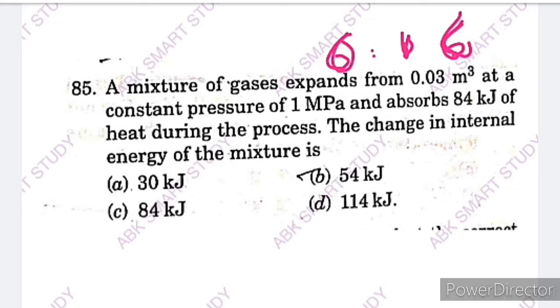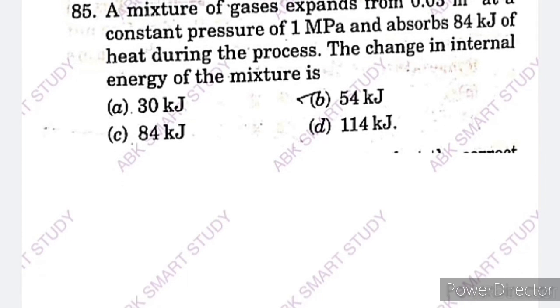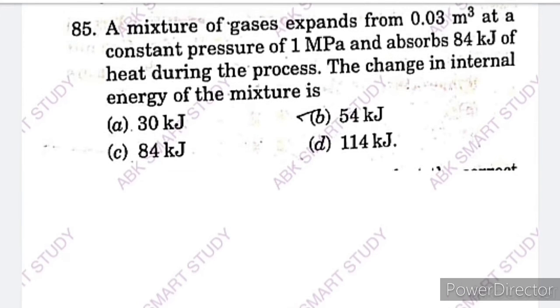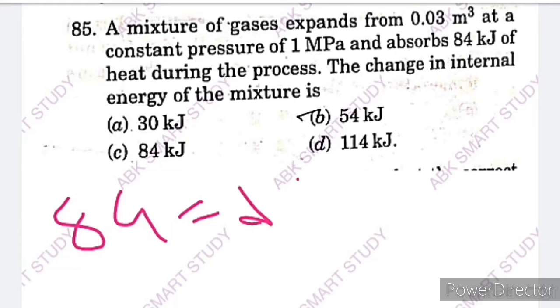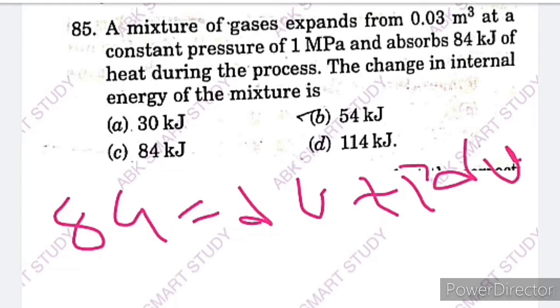Then we know dq is equal to du plus dw, means du plus p into dv. Here dq is given 84 kilojoule and du we have to find, that is the internal energy, and p is given 1 megapascal.